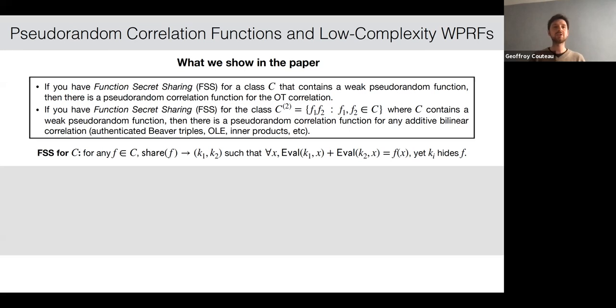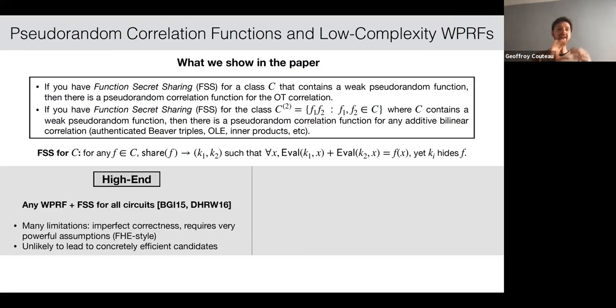This suggests two natural ways to instantiate a framework. The high-end way is just to use the fact that we can do function secret sharing for all circuits. We know how to do that using, say, multi-key fully homomorphic encryption, so LWE-style fully homomorphic cryptography.